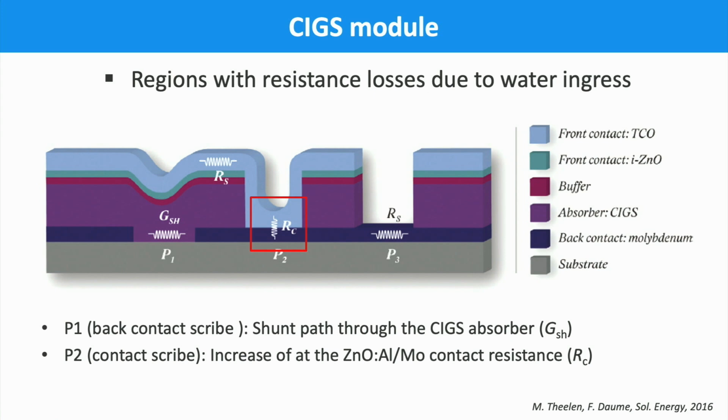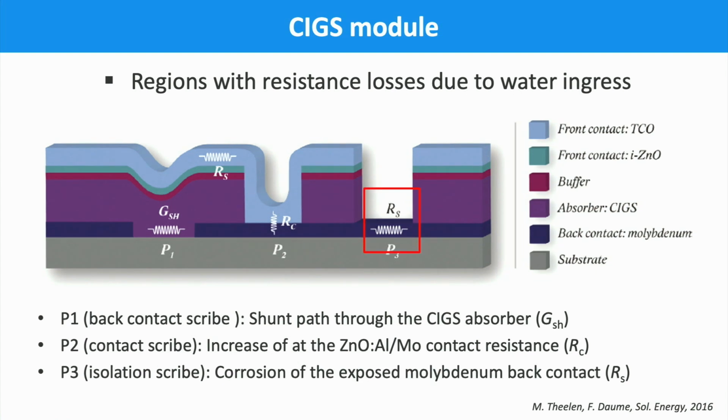P2 represents the second contact scribe, which builds the electrical contact between the molybdenum of one cell to the TCO of the next cell. Due to the earlier mentioned molybdenum and TCO degradation, severe degradation in this scribe caused by oxidation can happen, causing significant power loss due to an increase in contact resistance.